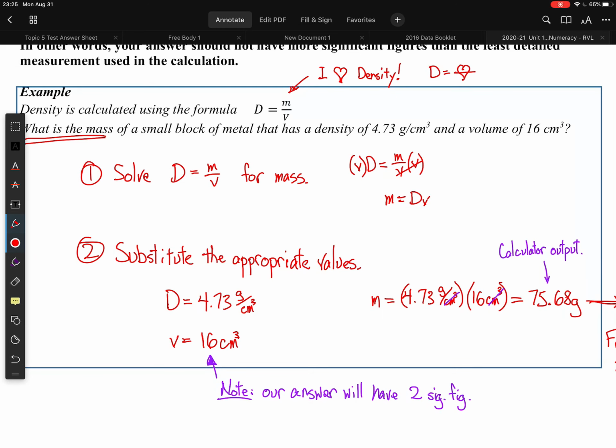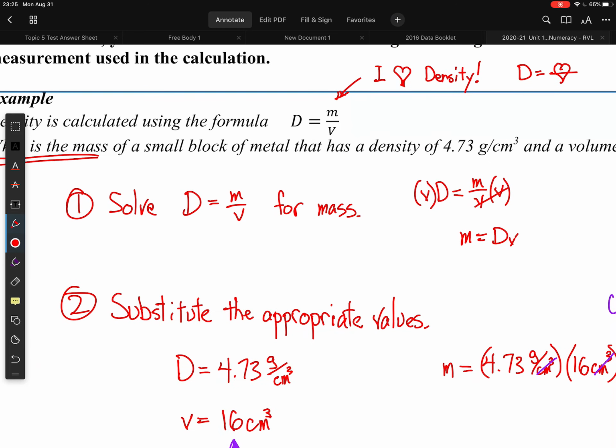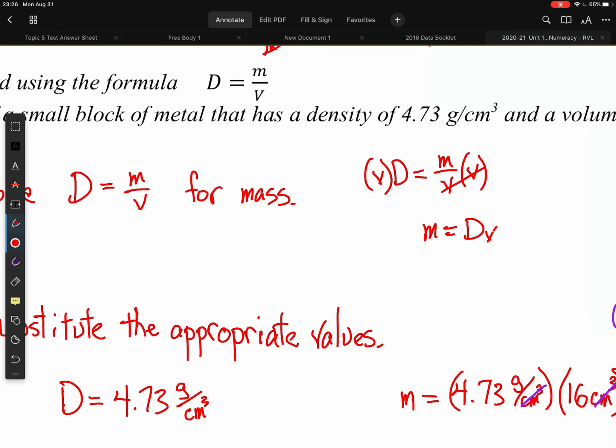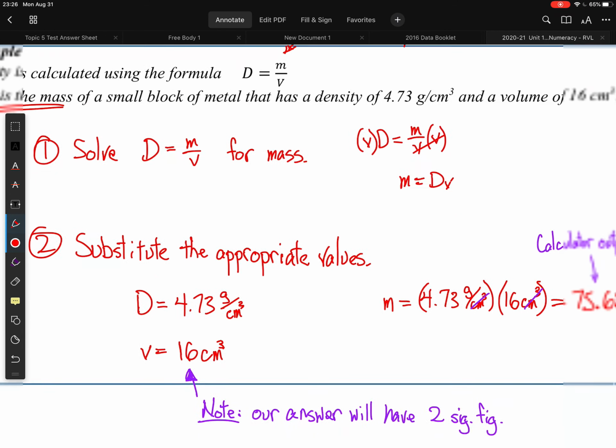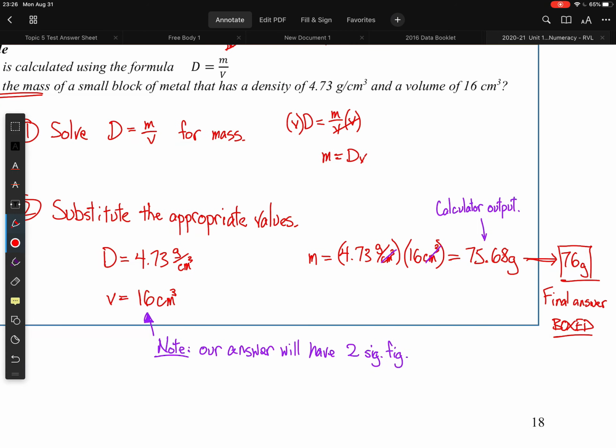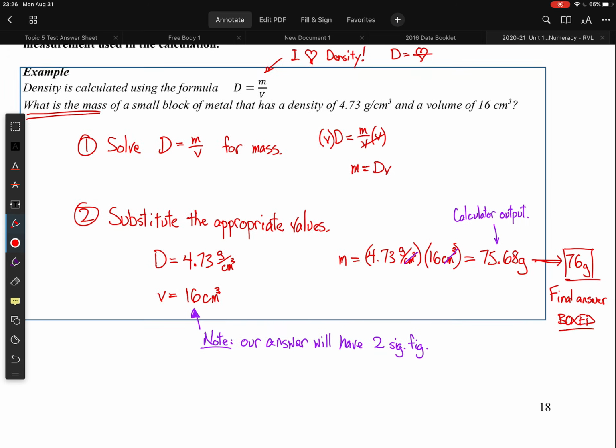Okay, anyway, so we solve this equation for mass, and we do that by multiplying both sides of the equation by V, and that will give us mass is equal to density times volume. From here, we substitute the appropriate values: density is equal to 4.73 grams per centimeter cubed, and our volume is 16 centimeters cubed.